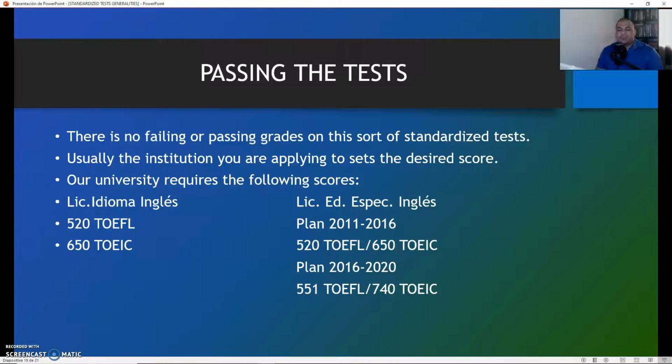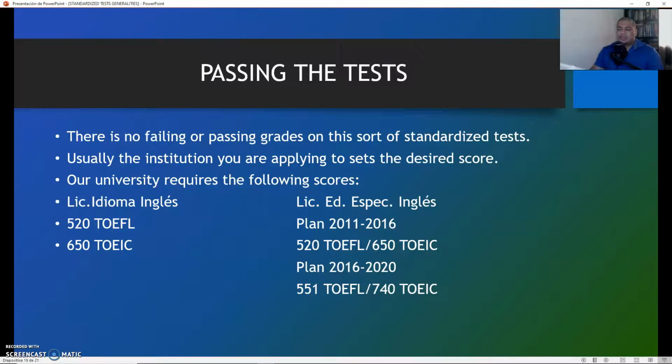But if you took IELTS, we would look for some equivalence charts in order to provide you with your score, with your acceptance of the score if it happens, right?